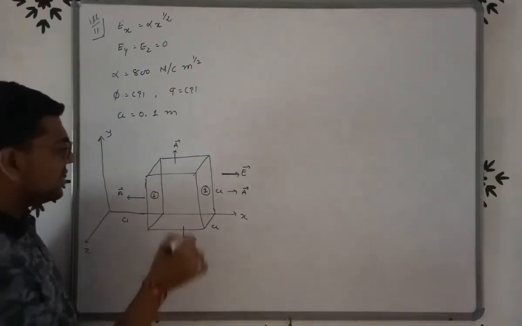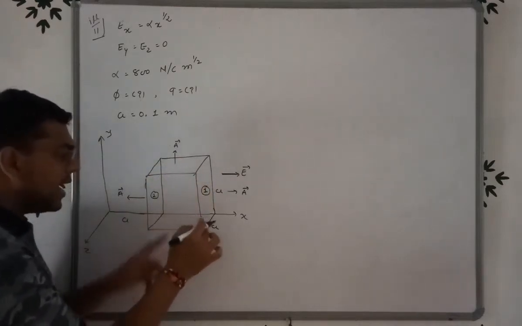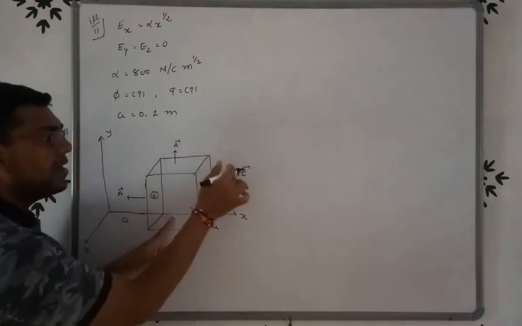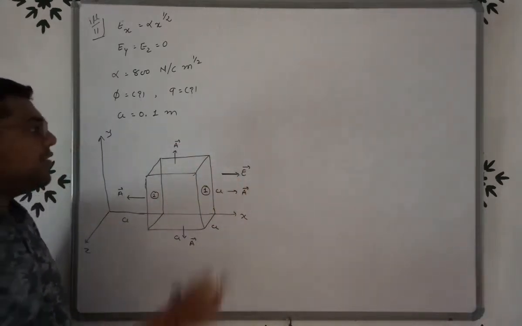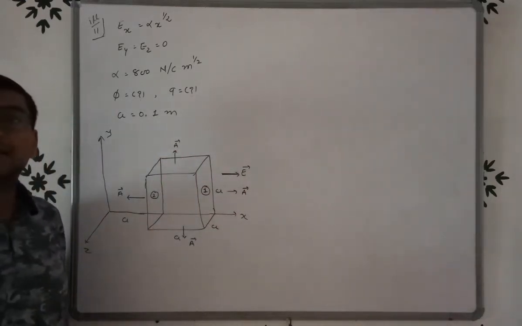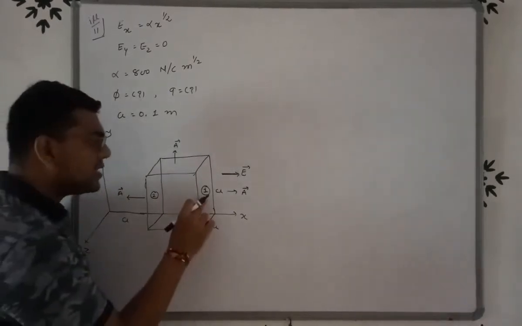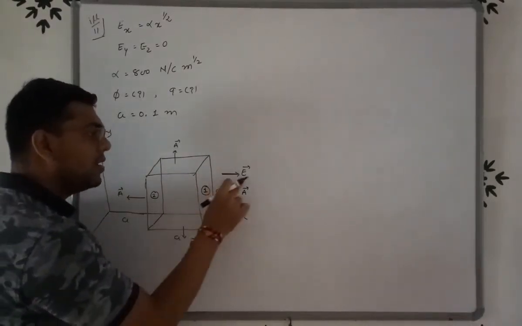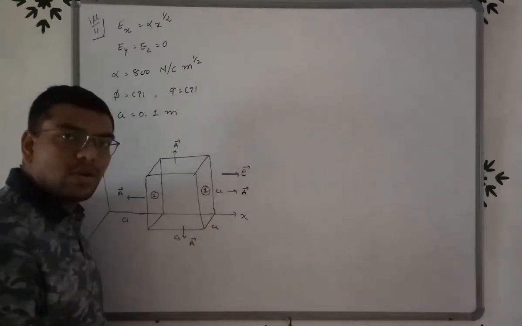For this surface, the area vector is like this. So here, see friends, for this surface and this surface, the angle between E and A is 90. So if the angle between E and A is 90, then we know that the flux will be 0, right? Now for surface number 1, the direction of E and A are the same, so theta will be 0.